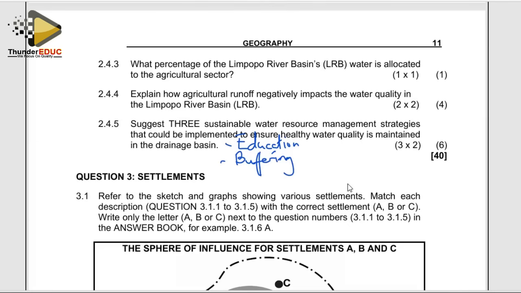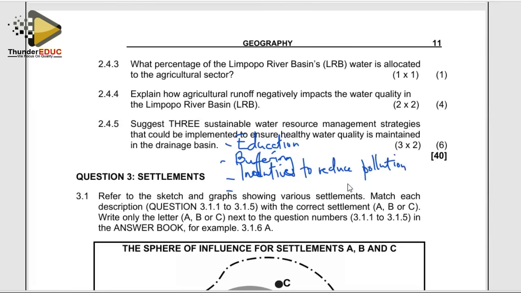And also we can look at other measures like incentives to reduce pollution. We incentivize ways of reducing pollution like recycling, so that at least we minimize the amount of pollutants on the ground that will ultimately find their way into the rivers.